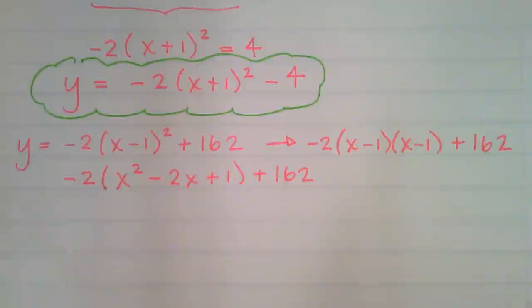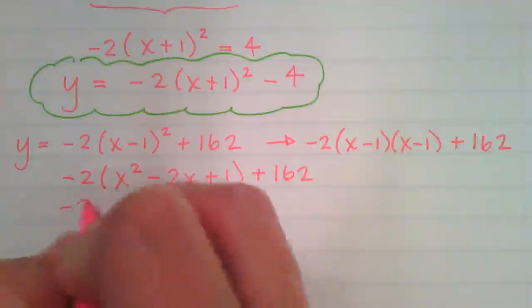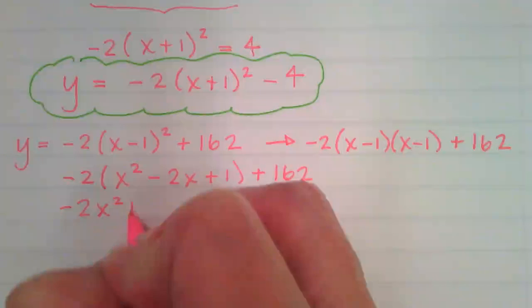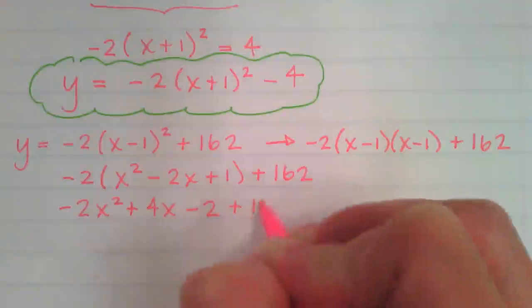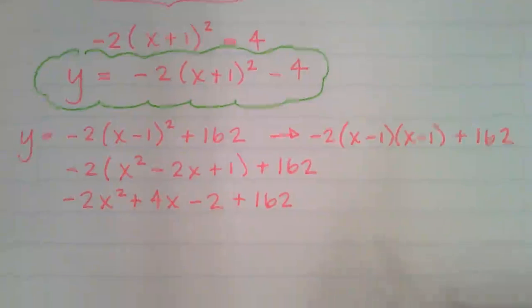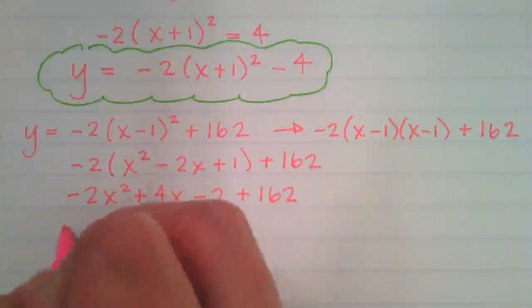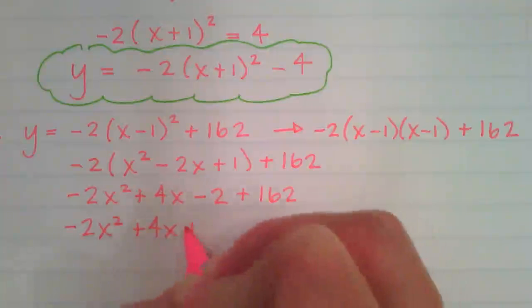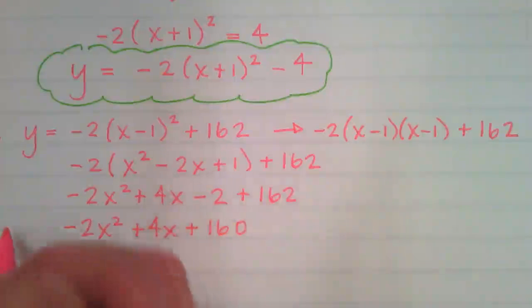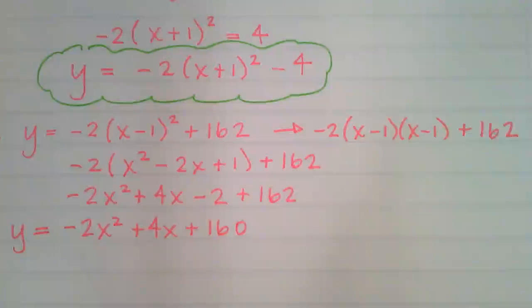Next up, we need to distribute the GCF, so that's -2x squared plus 4x minus 2 plus 162. And then we need to combine like terms, so -2x squared plus 4x plus 160. So now we have standard form.